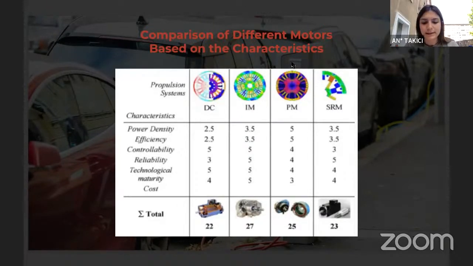This study is made by looking at researchers, and as you can see in the table, the findings show that direct current motors have low efficiency, and AC induction motors have high efficiency.